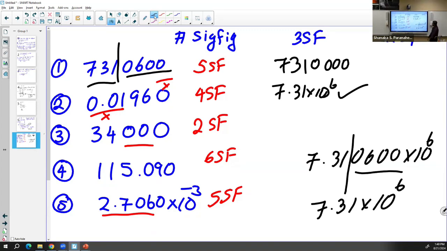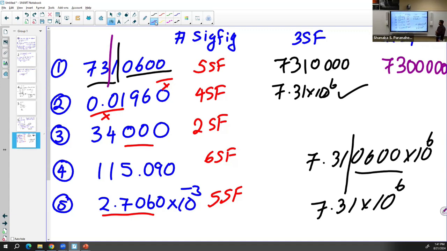Into 2 significant figures, we are going to follow the same rule. We have to drop everything after 1, including 1. So we need only 7.3. There will be 5 zeros at the end, because we are going to drop 5 digits before the decimal point.